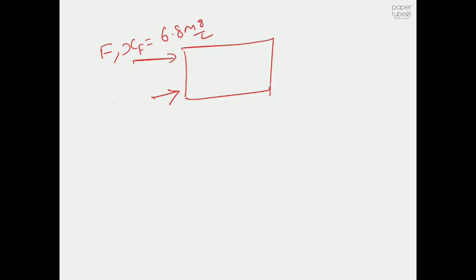Then we are adding some solvent, and the concentration of your solute or steroid in the solvent is 0, because your solvent is completely pure. Obviously we are going to get raffinate and extract, and the concentration of your steroid in the extract side, how much is that?